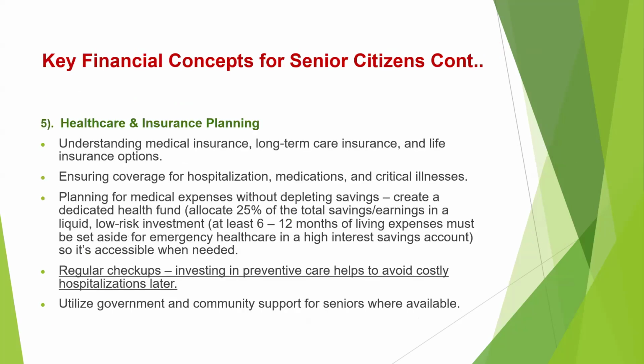Okay, the next one. Healthcare and insurance planning, which we have already discussed. But what I need to highlight is understanding medical insurance, long-term care insurance, and life insurance. More than life insurance, medical insurance is very important, but unfortunately there are no OPD related insurance schemes, very hard to find.